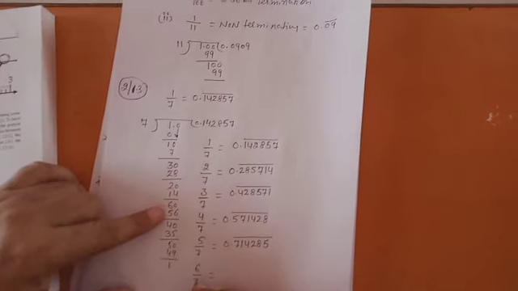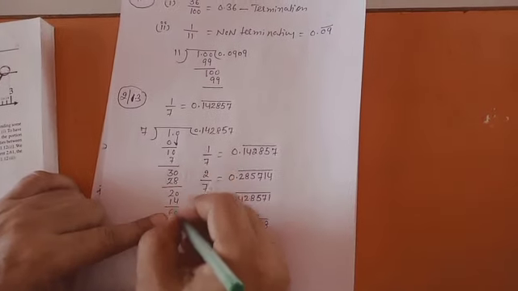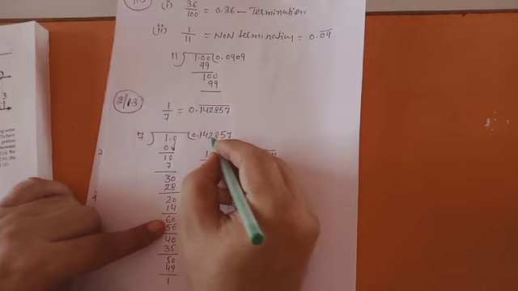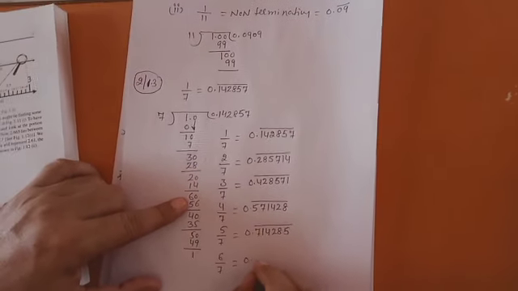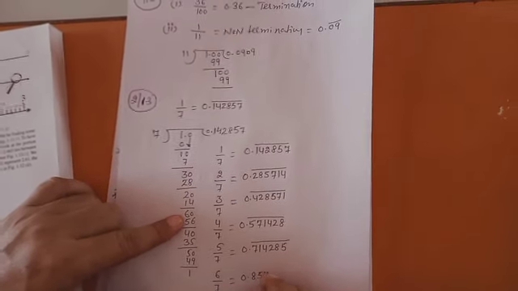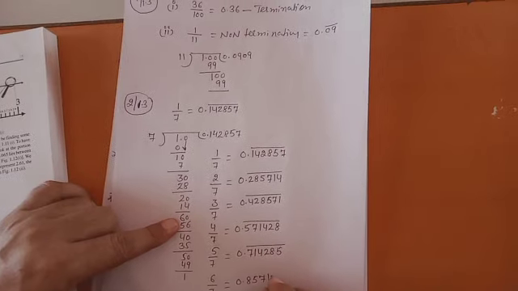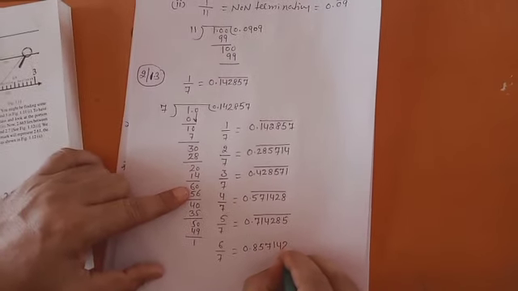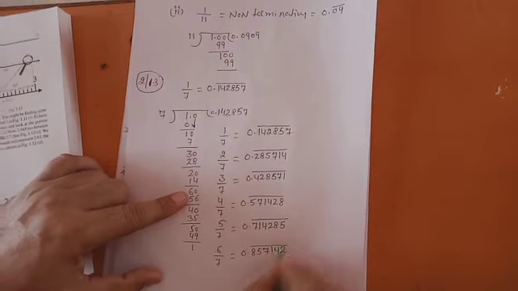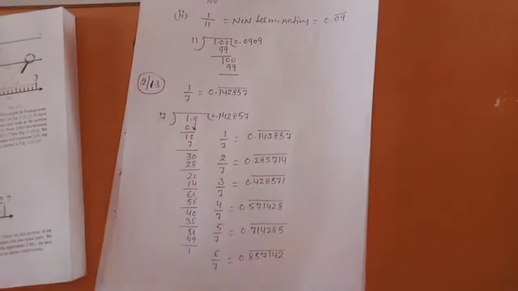Similarly here, 1, 2, 3, 4, 0.8, 5, 7, 1, 4, 2, and bar. So in this way you can solve.